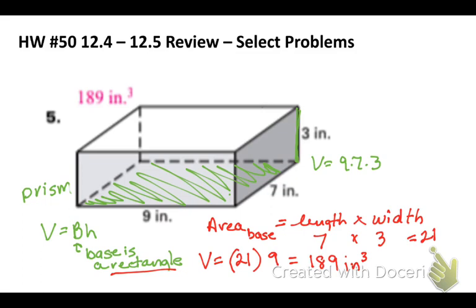And we have, again, 7 times 3 is 21, times 9 is going to be 189 inches cubed. So just be clear when you start out, what is your base and what is the height? Remember, the height is always 90 degrees to the base. Okay, that's number 5.